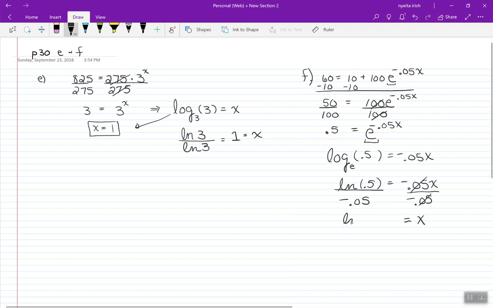So the exact answer, natural log of 0.5 divided by negative 0.05, would be my exact answer. For a decimal approximation, that's where you'd pick up your calculator and do the division, and it should come out to about 13.863 when you round.